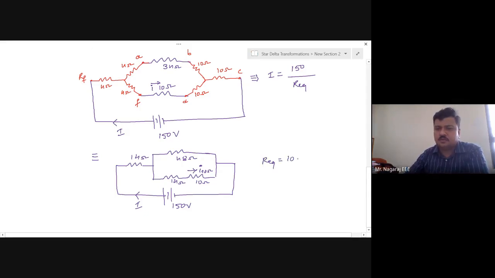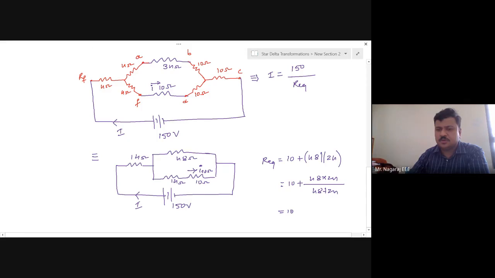What is R equivalent? R equivalent is 10 plus 48 parallel 24. So 10 plus 48 into 24 divided by 48 plus 24.